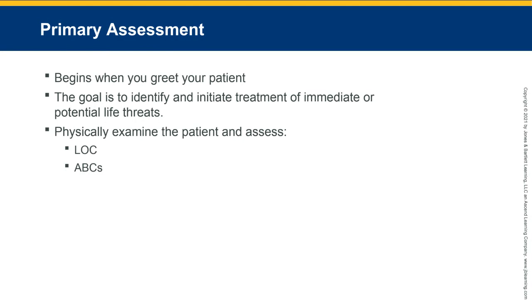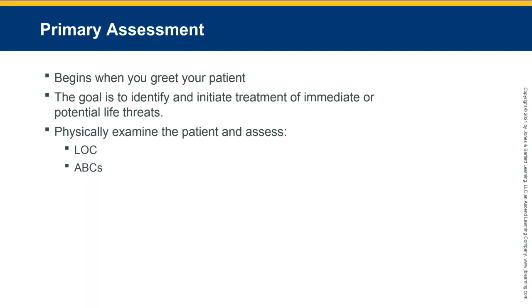It's a bad practice for EMTs to collect information on history in the primary assessment and neglect ABCs. It is where you manage life threats. So this is where you will identify and initiate treatment of immediate or potential life threats.